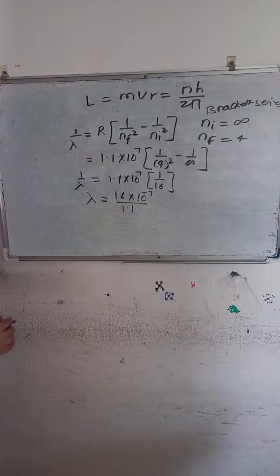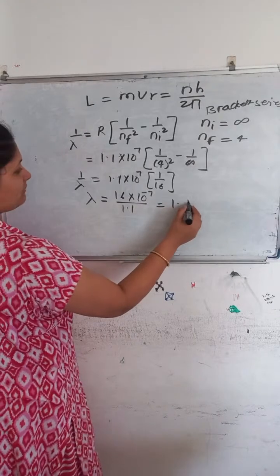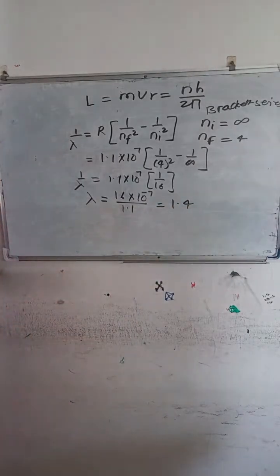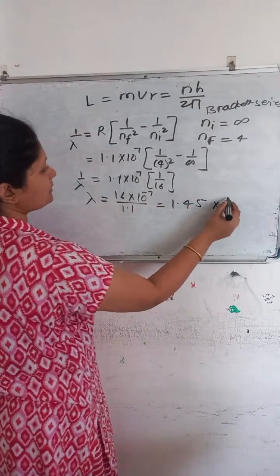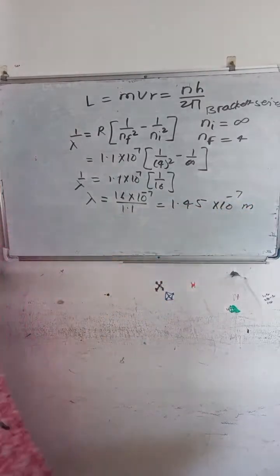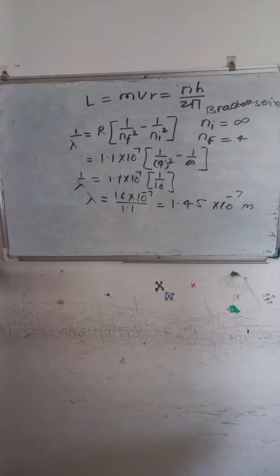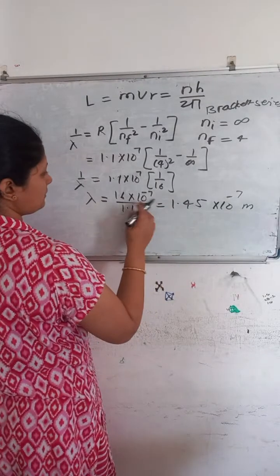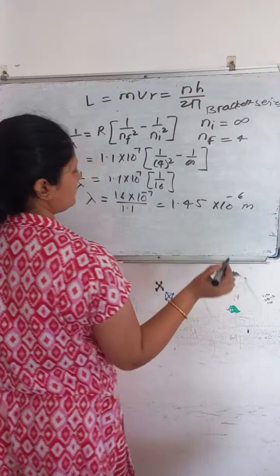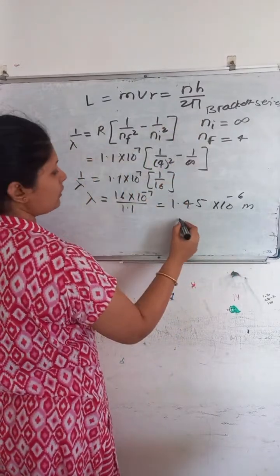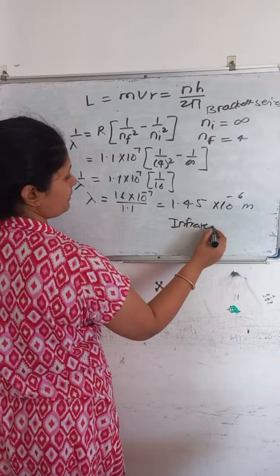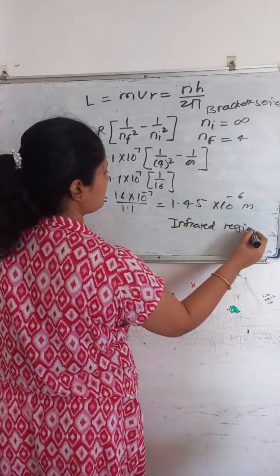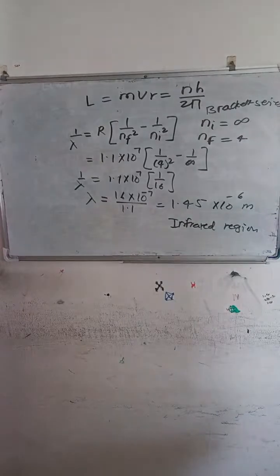If you calculate this, you will get the answer 1.45 into 10 raised to minus 6 meter. And the Brackett series always lies in the infrared region. So write down this answer.